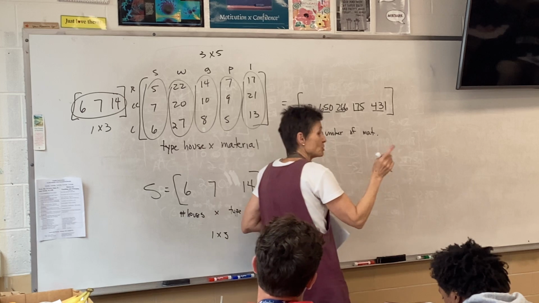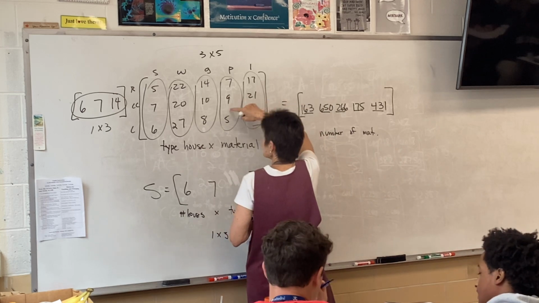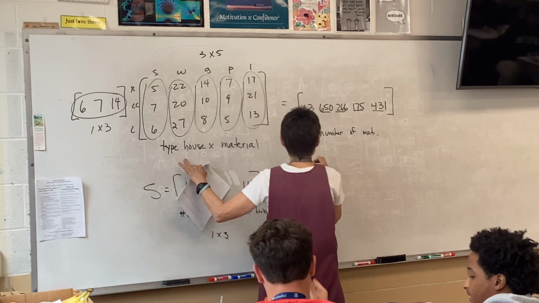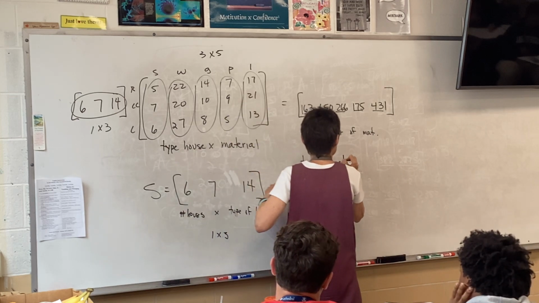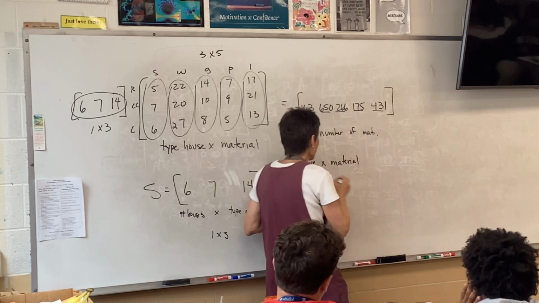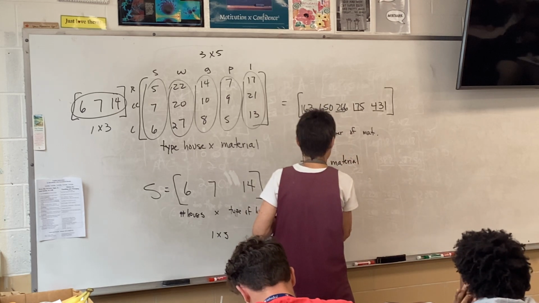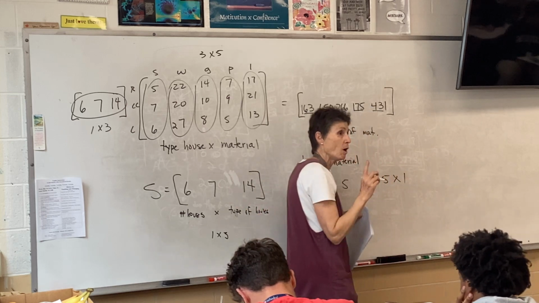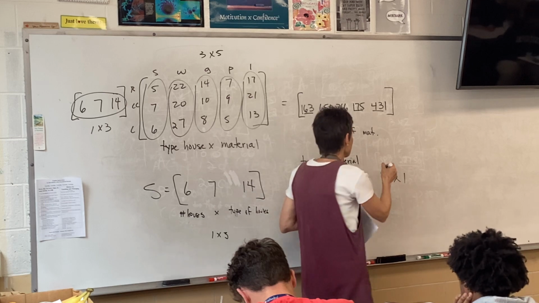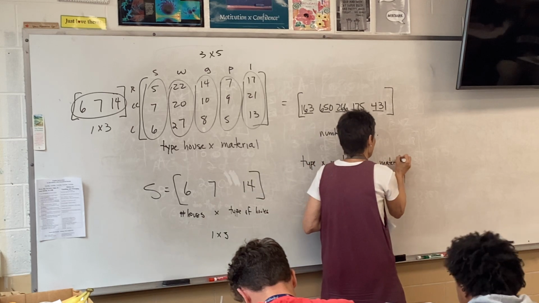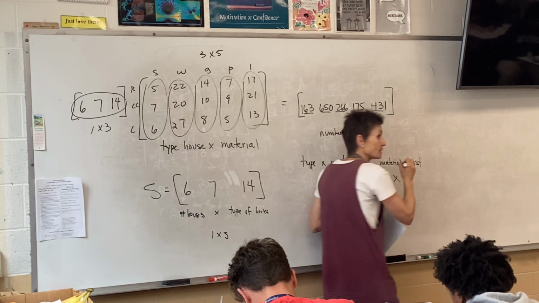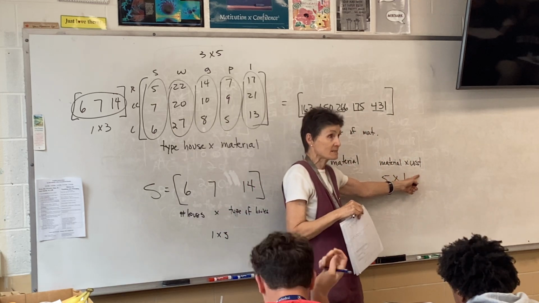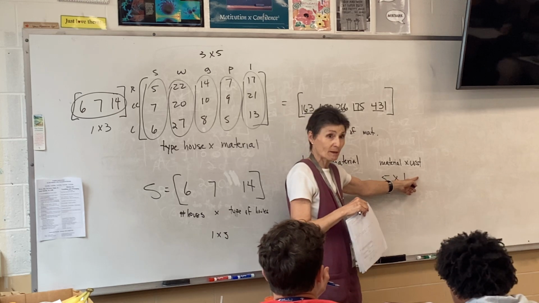George says, take this guy right here, which is type by material, a 3 by 5, and then multiply that by a 5 by 1 that represents material by cost. And that will give me a type of house by cost matrix. Do you see what I'm saying?